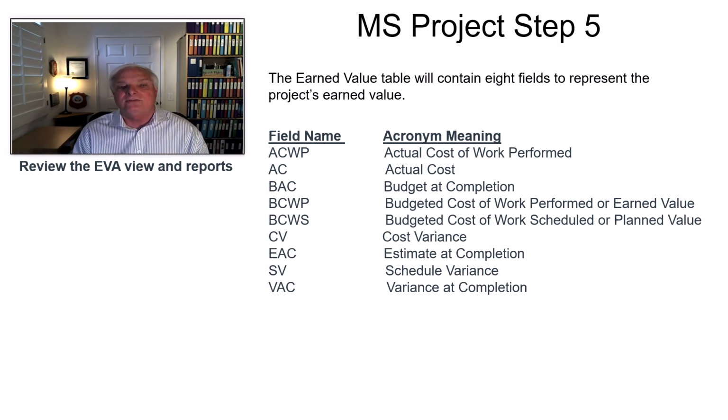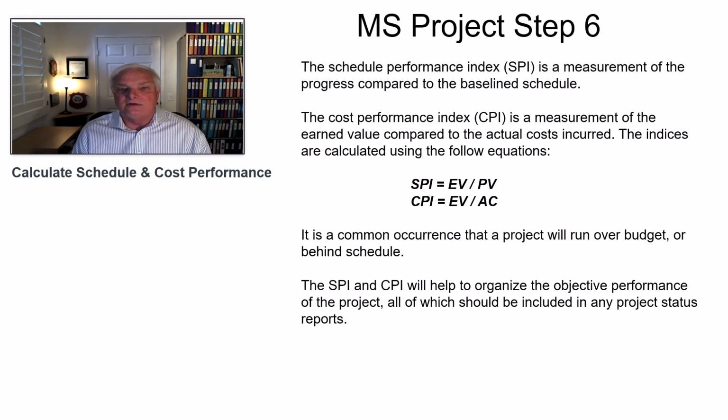So once again, here are the field names for earned value reports. The ACWP, AC, BAC, all of these we have talked about, but here's what their meaning is in case you forget that. For those of you that hate acronyms, when you start dealing with earned value, all of this is going to just seem like it's one thing after another after another. Don't worry about it. The two important ones that I really want you to focus on are SPI and CPI.